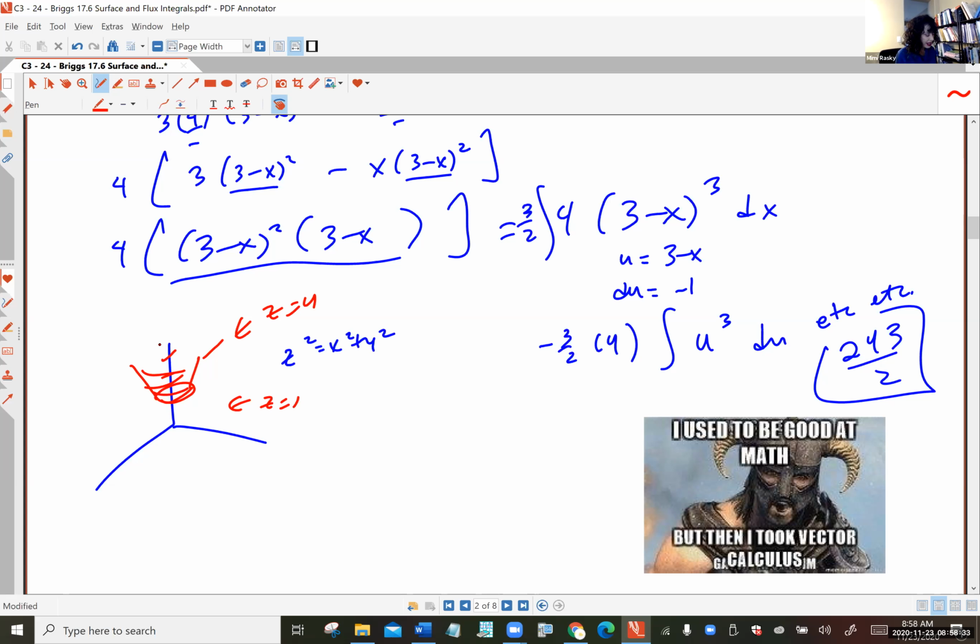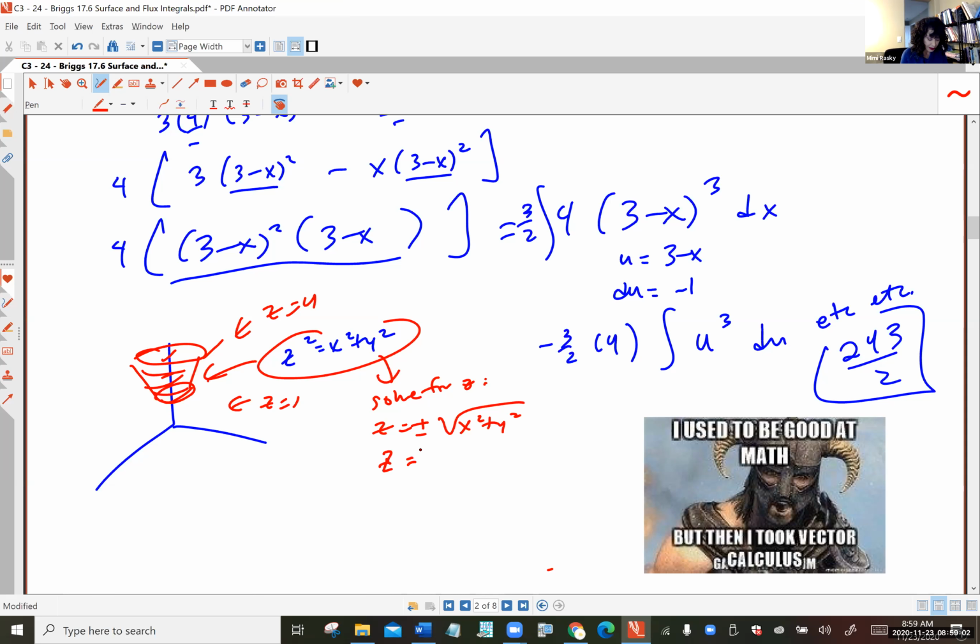Fine. Now we have to rewrite big S. Well, what do you mean? Well, this z squared equals x squared plus y squared. Come on, Surface Pro, you can do this. I'm in erase mode now. We're going to have to solve this for z. And when you do, you get two answers, of course, because of taking the square root of both sides of the equation. But because we're taking the upper portion of that double-napped cone, we'll only worry about the positive.